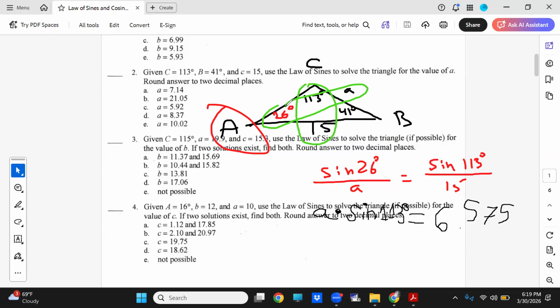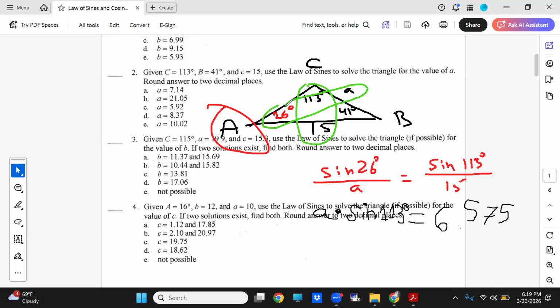No. Would I divide by the sine? Yeah, keep going. Let me know you're done. Would I divide the 6.575 by the sine of 113? Correct.